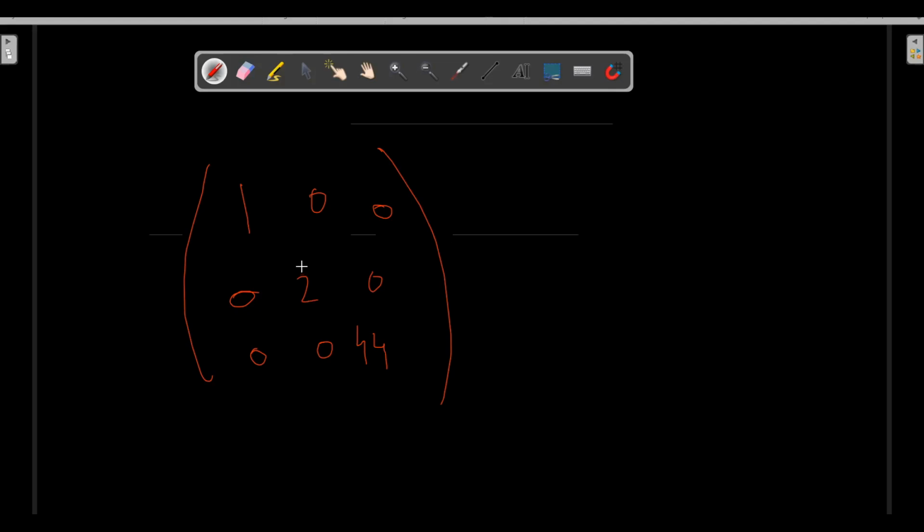This is clearly a diagonal matrix. I have already told you the definition: only diagonal elements are present, all the other elements are 0. So this is an example of a diagonal matrix.